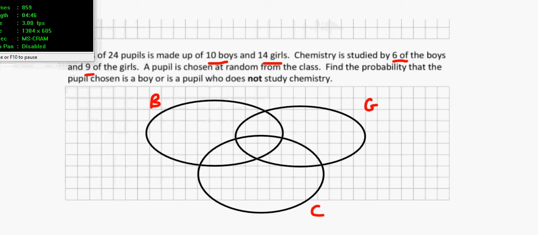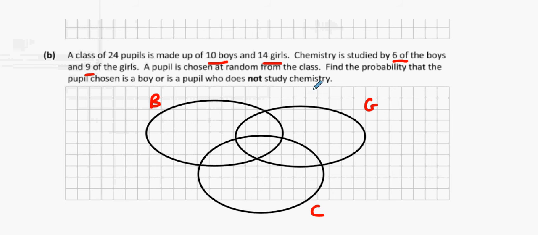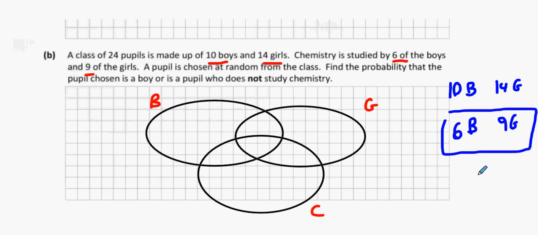All right. Before I engage in that, I might just try writing stuff down, all right? 10 boys, 14 girls. Okay. 6 boys and 9 girls do chemistry. Grand.